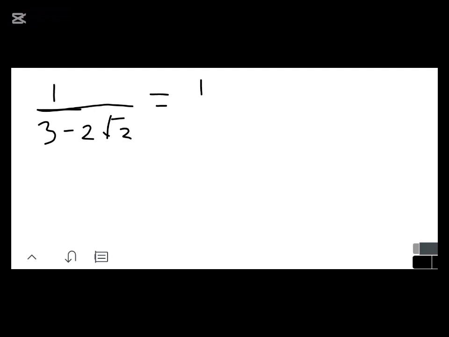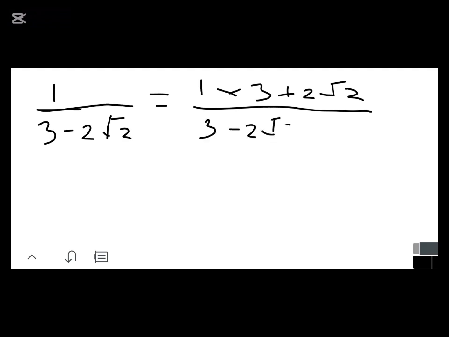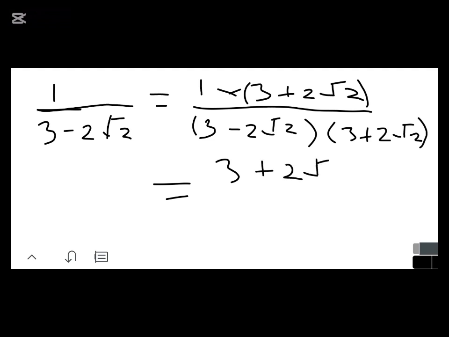So it will be 1 multiplying 3 plus 2 square root of 2 all over 3 minus 2 square root of 2 multiplying 3 plus 2 square root of 2. So when we multiply 1 by 3 plus 2 square root of 2, we are getting the same thing, 3 plus 2 square root of 2.